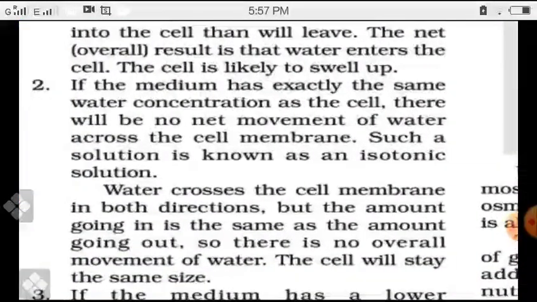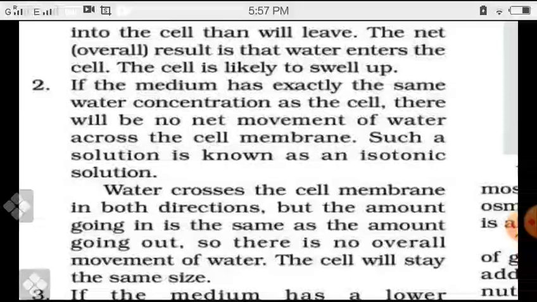So, the second condition, what do we have? If the medium has exactly the same water concentration as the cell. In a beaker we have taken some water, and we have added a little bit of salt and sugar to that, and we have kept a cell in that. It could be a plant cell or an animal cell. So the medium has exactly the same water concentration as the cell.